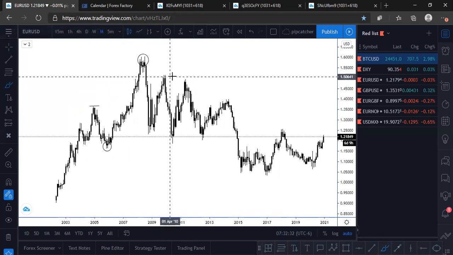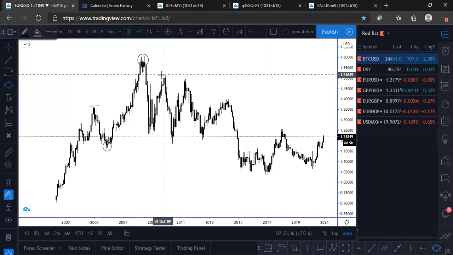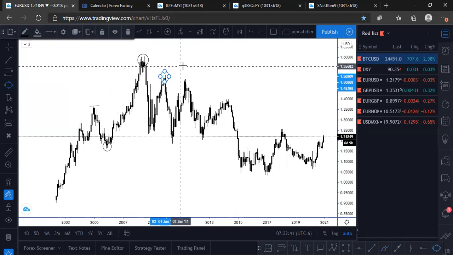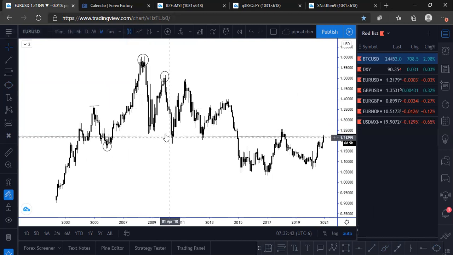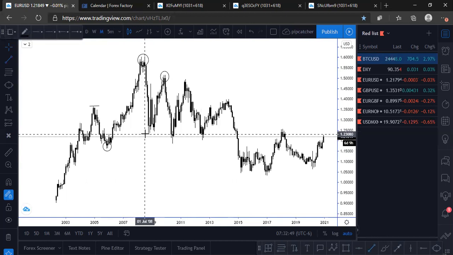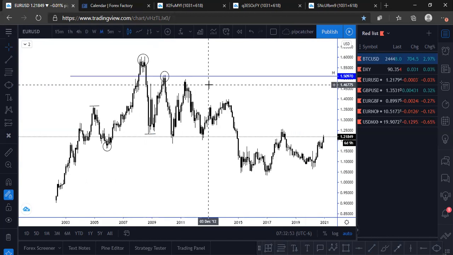As price comes back up, you see how we started to reverse in this area, and price came back down and we finally broke that structure right here.